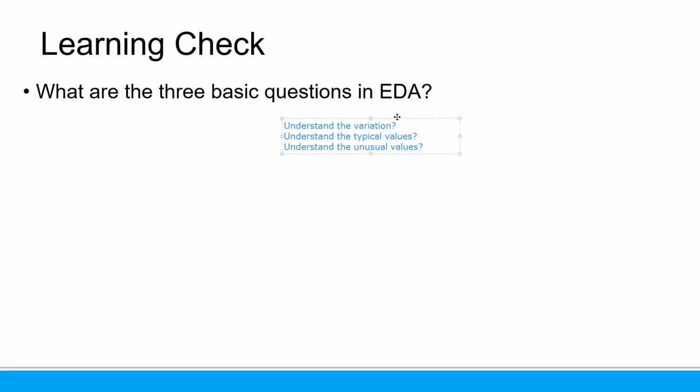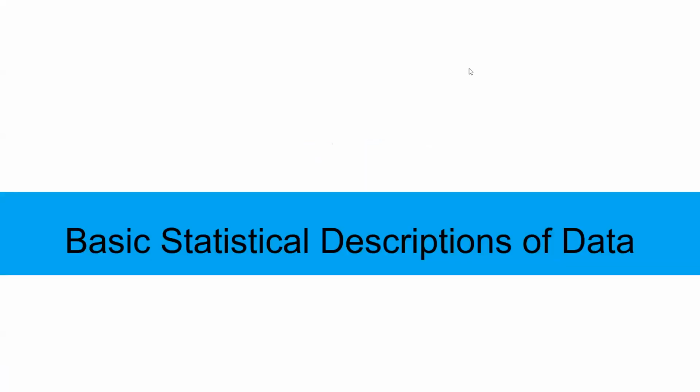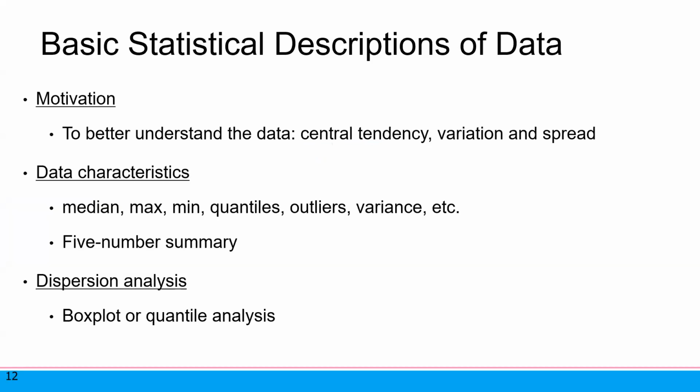Okay, so let's move on to the basic statistical description of data. When you do the EDA, there should be some numerical expression, or a statistical description of the data.